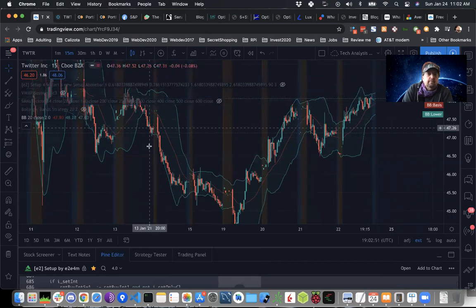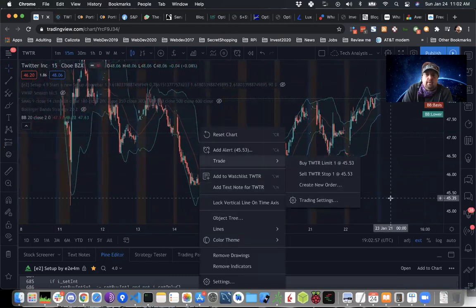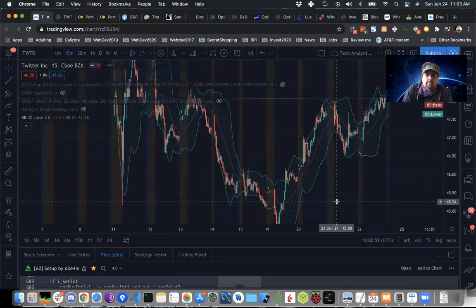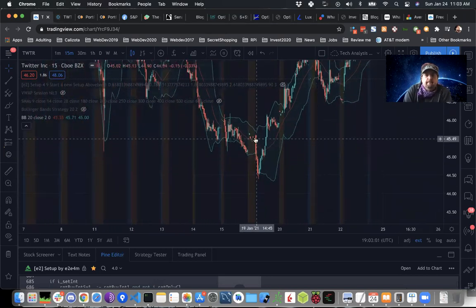Right here where it squeezed, it started going down, and then it squeezed, it got wider at the bottom, and started to go up. And it's when it crosses that you want to start doing your buy-ins, right?